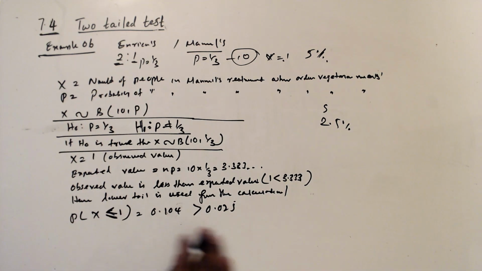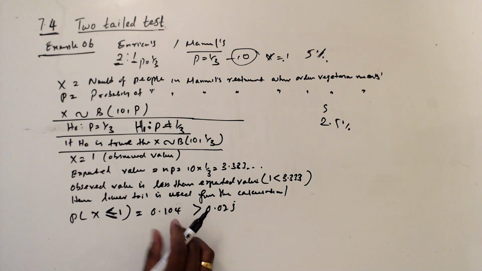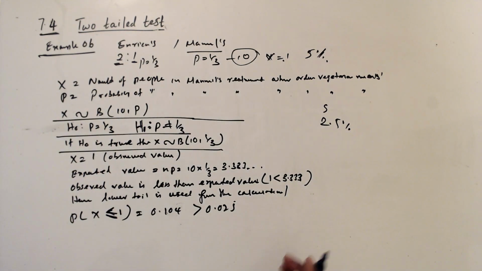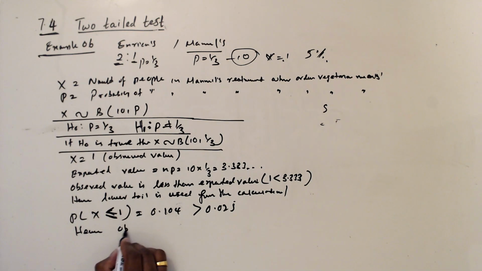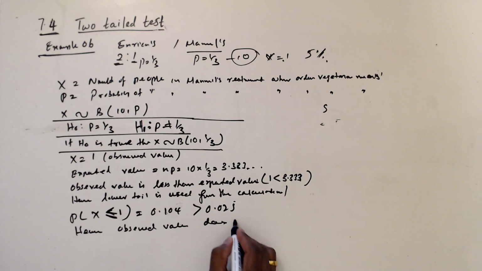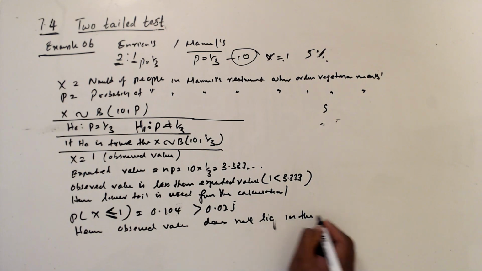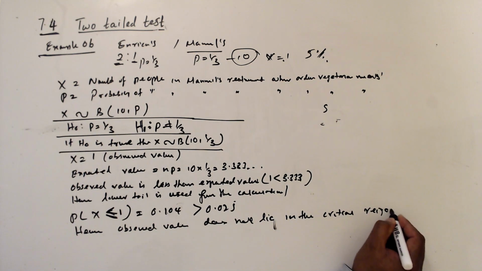Now you have already worked with the one tail test, lower tail. Now you know what to do. Basically, if it is greater than this value, then the observed value does not lie in the critical region.